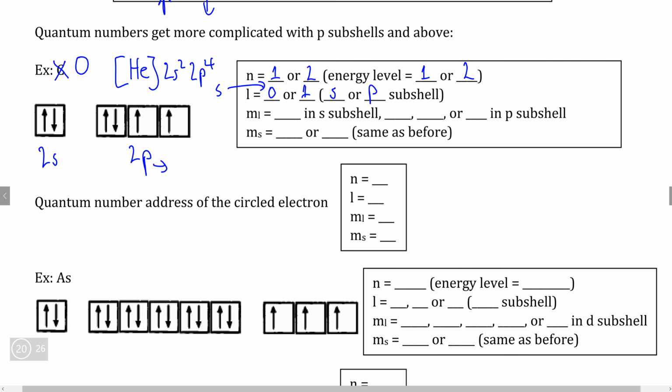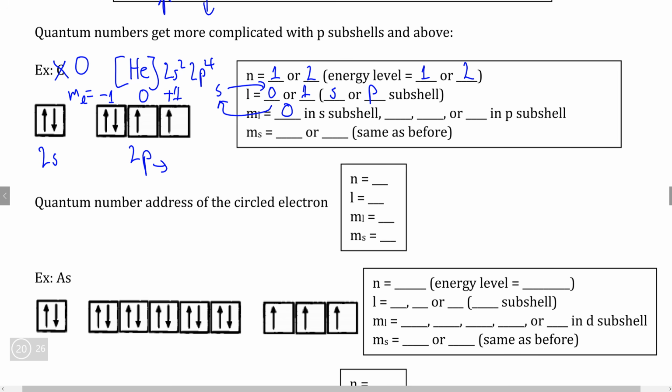We know that our orbital number, our magnetic quantum number, can only be 0 if it corresponds to an s subshell. However, as we saw earlier, m sub l can be any integer between positive l and negative l. So each of oxygen's p orbitals would be given the magnetic quantum number m sub l of either -1, 0, or +1.